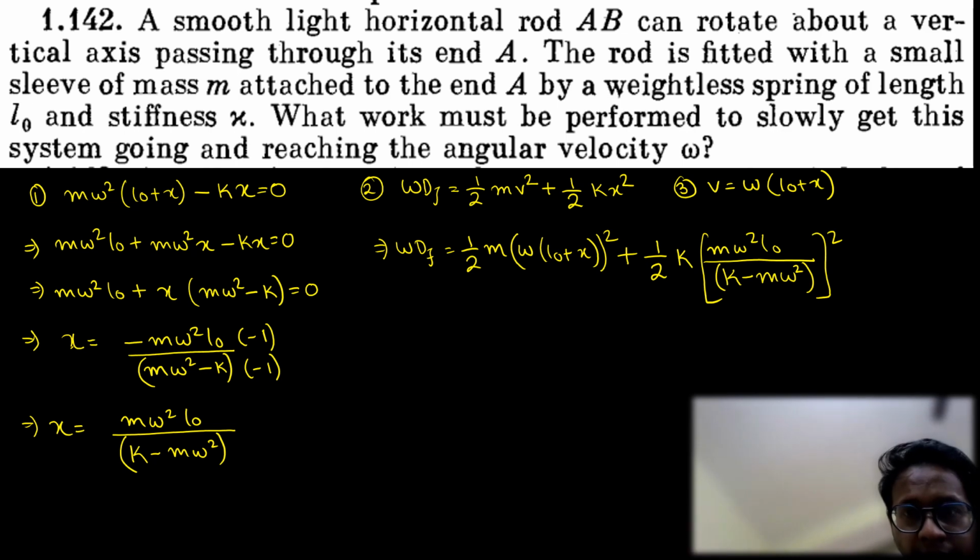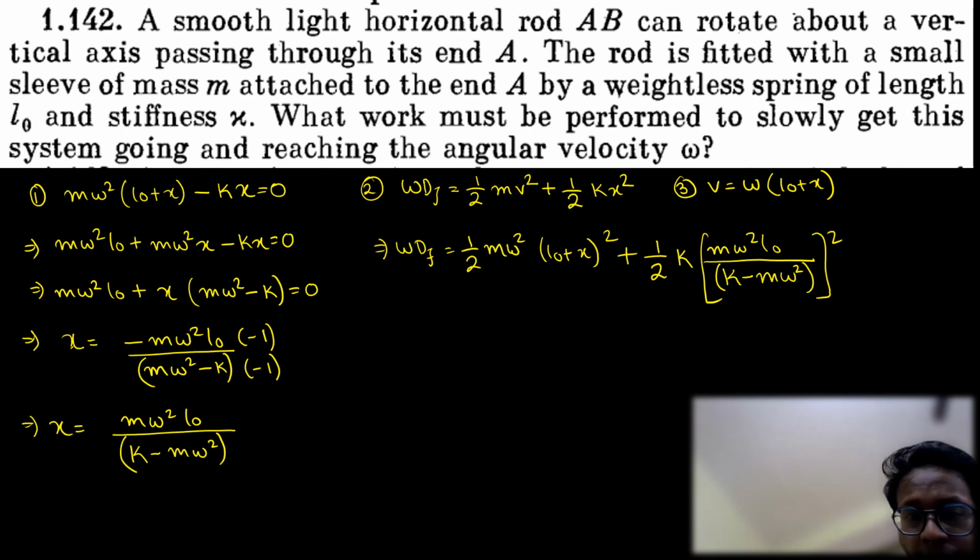Out here omega square can be taken outside. Now can I take half m omega square common from both these terms? Out here also I can take m omega square common outside, no? So it would be whole square.